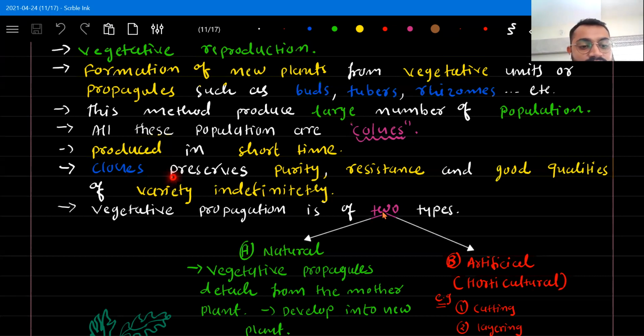So these clones preserve the purity, resistance, and good qualities of a variety indefinitely. Okay, so this is one advantage of clones: they can preserve the purity of the plant, because the plant is continuously undergoing inbreeding only.